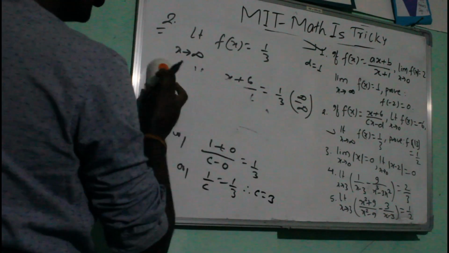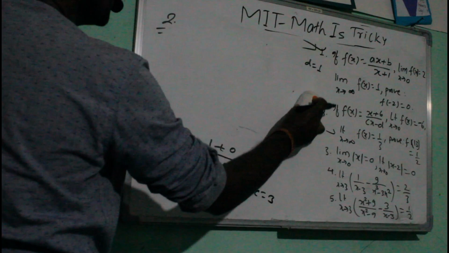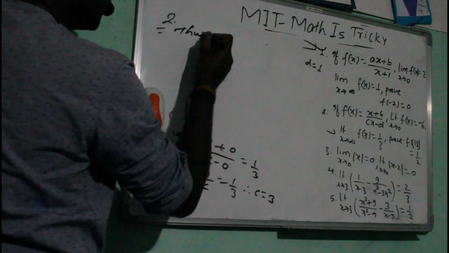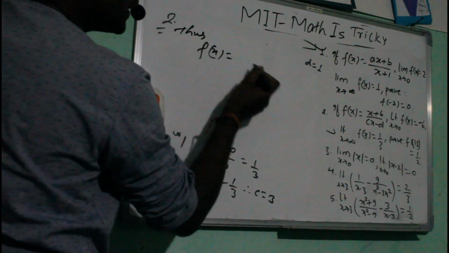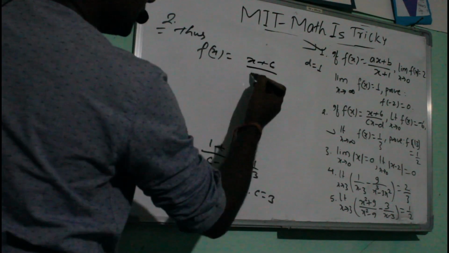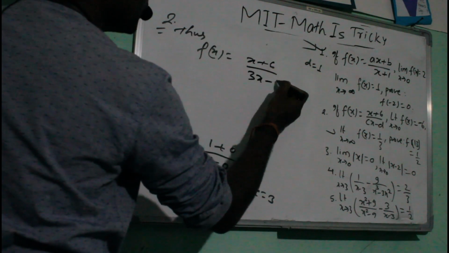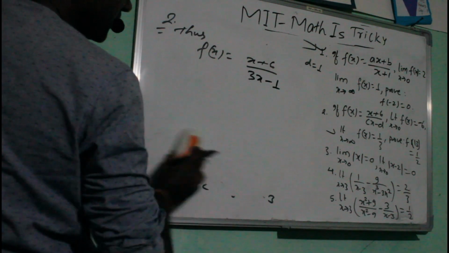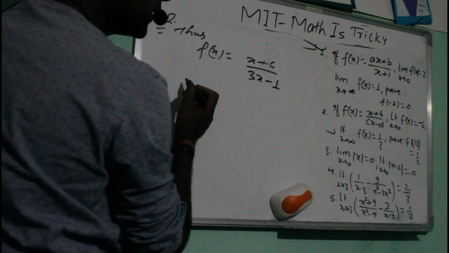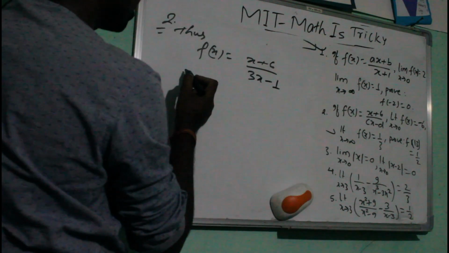So now we have the value of f of x. Thus we got f of x equals x plus 6 by 3x minus 1, putting the values of c and d. Now let's find f of 13.